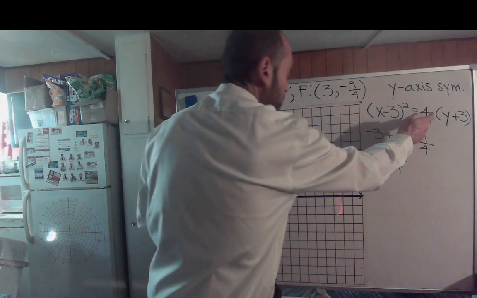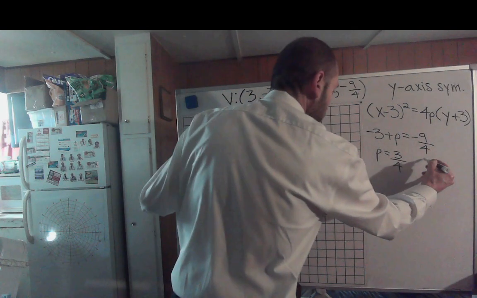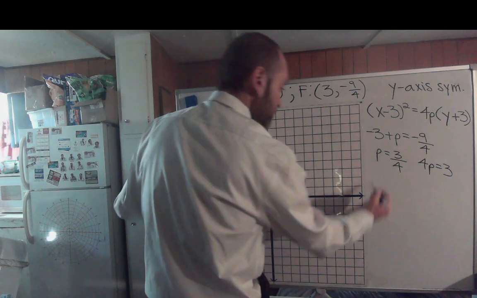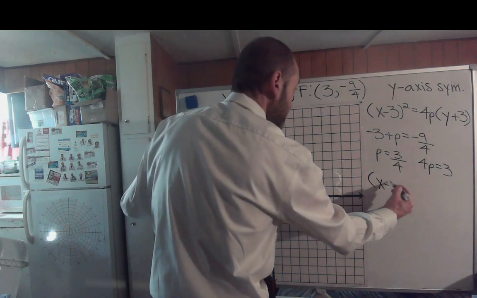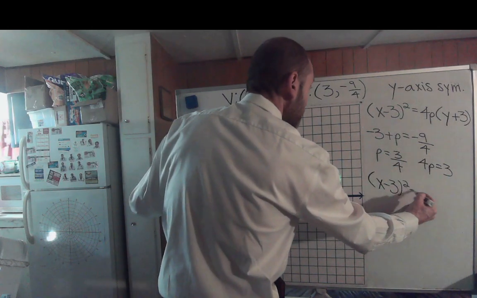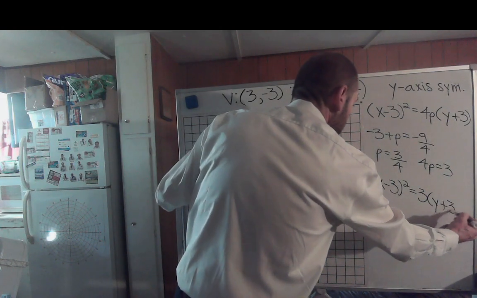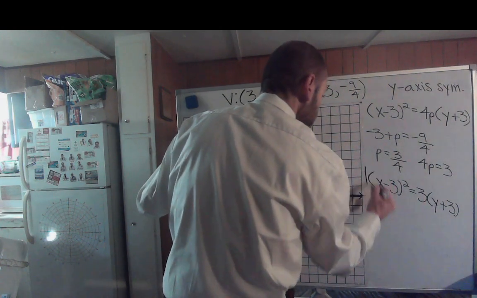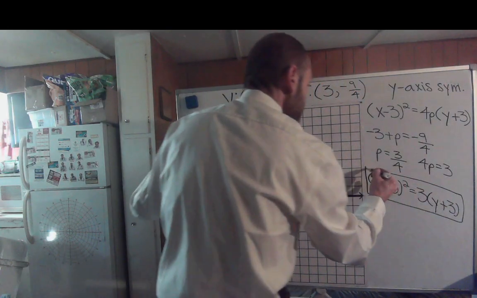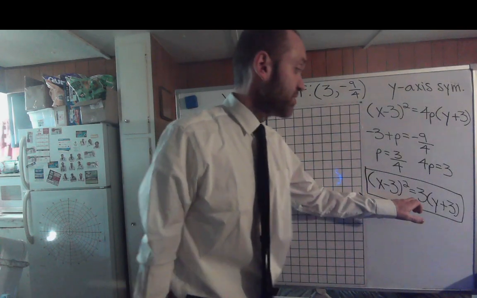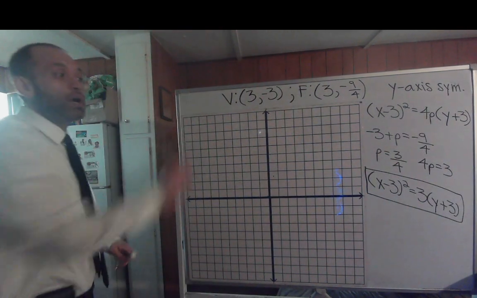For the final form, we need to have 4p. Well, 4p in this case would just be 3. So your final form is going to be x minus 3 quantity squared equals 3 times the quantity of y plus 3. So the standard equation for this parabola would be x minus 3 quantity squared equals 3 times the quantity of y plus 3.